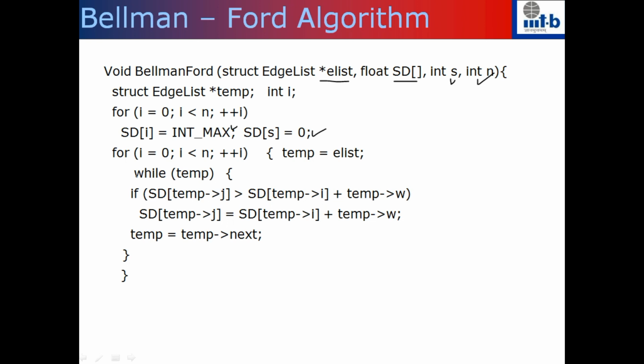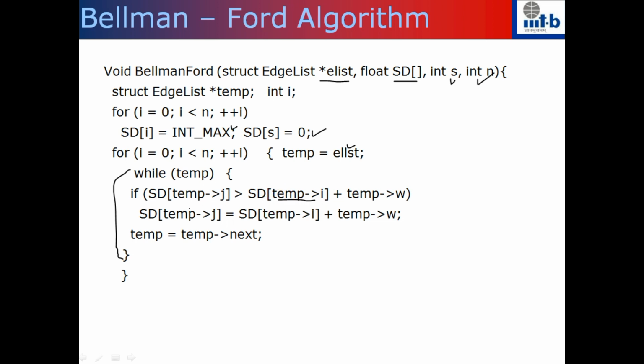Now when I go inside the loop, I am basically going through every edge in the graph. My temp is the edge list. Every time I go inside the outer for loop, I initialize my temp to be the edge list. I look at every node in the edge list. So this is an edge going from i to j.